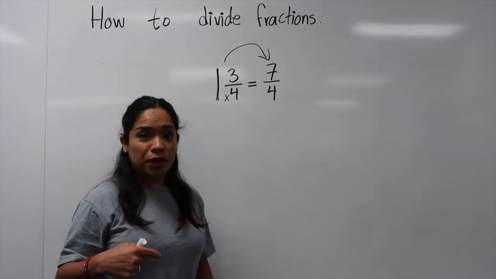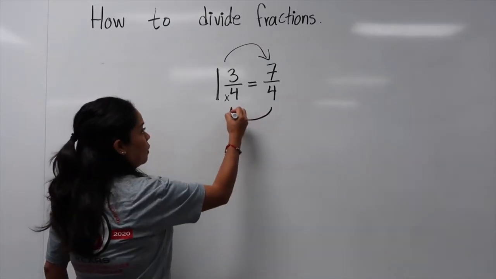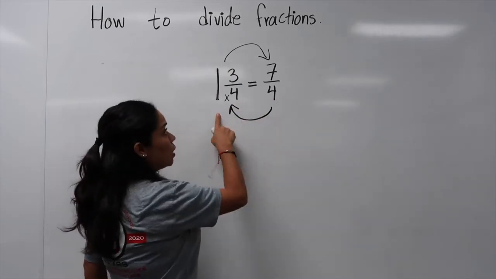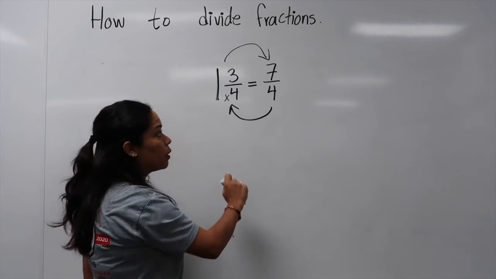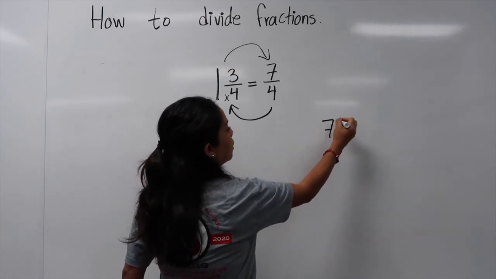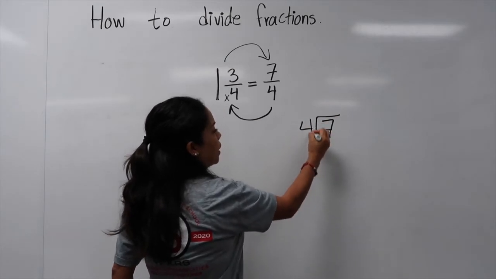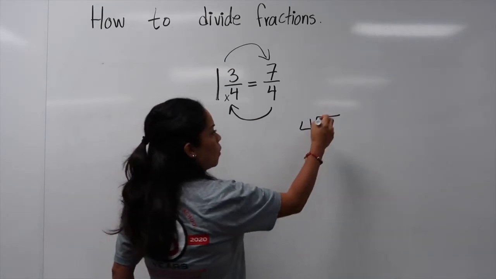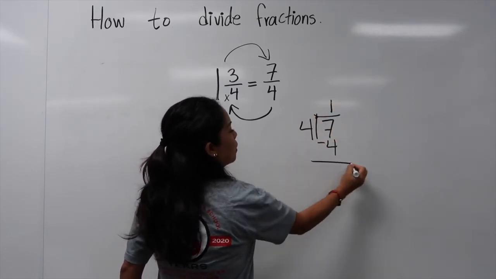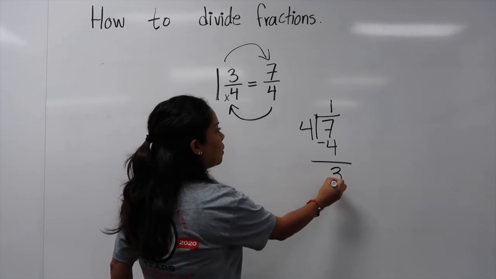Now, to go the other way, from an improper fraction to a mixed number, you have to divide the numerator by the denominator. So 4 times 1 is 4, remainder 3.